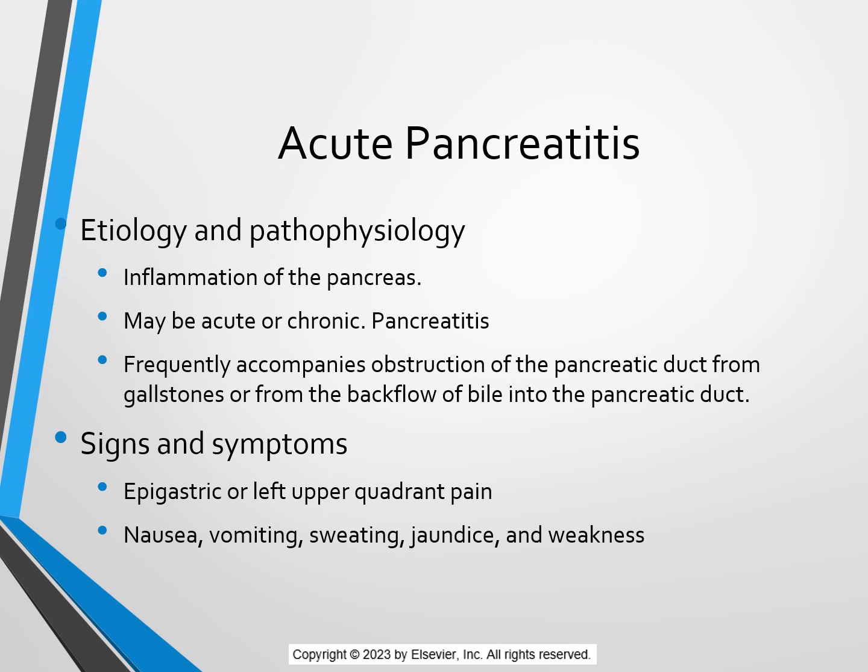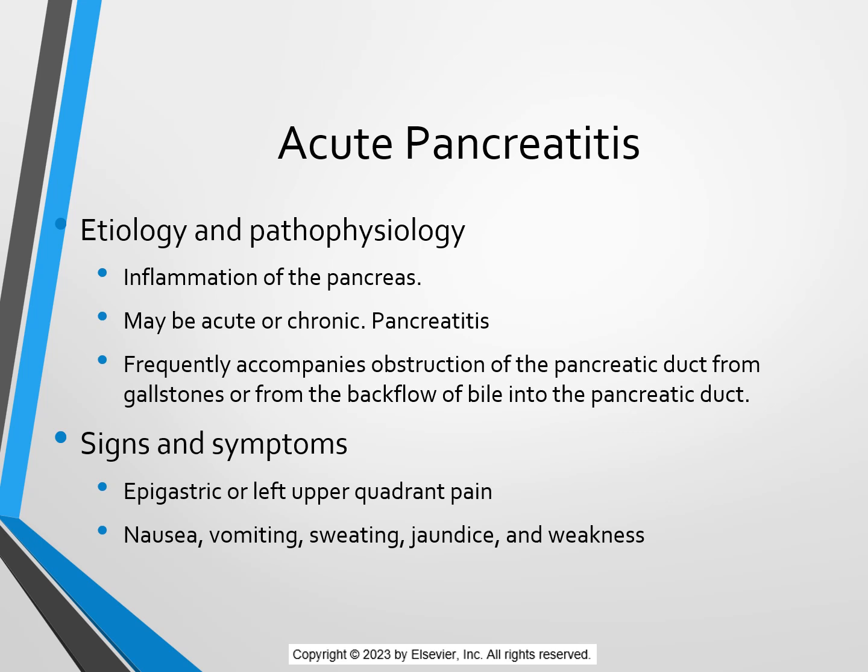Serum amylase could be 2 times normal, and it will remain elevated for 72 hours. Serum lipase will remain elevated for several days. Laboratory values could indicate hypoglycemia, hypocalcemia, and hypokalemia. Diagnosis will be based on symptoms, risk factors, and results of tests performed to rule out other disorders.